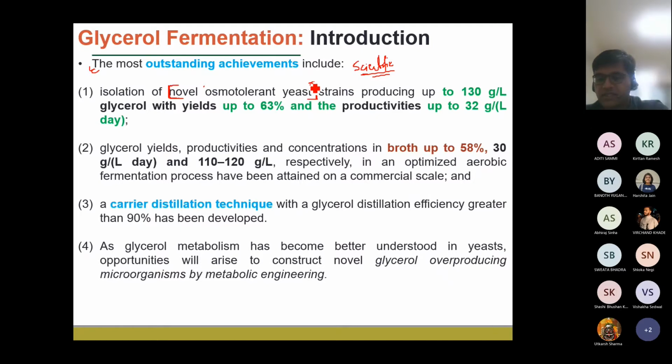We will not go into much detail on what genetic engineering is, but if you're interested, please let me know. I will share some information on how we can genetically modify any microorganisms, which is very interesting. We can take a foreign DNA from microorganisms that are quite stable under high osmotic pressures and at high concentrations of the substrates or the product.